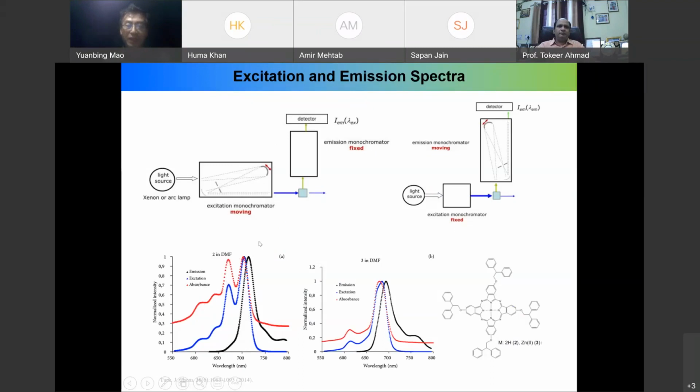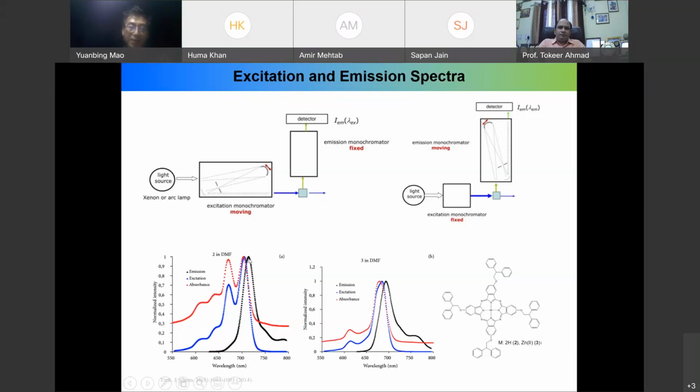But because the excitation and the absorption processes are measured differently, the intensities of those peaks are different between the absorption spectrum and the excitation spectrum. For the emission spectrum, as we talked about earlier, there is a Stokes shift, so we see these peaks at different locations.